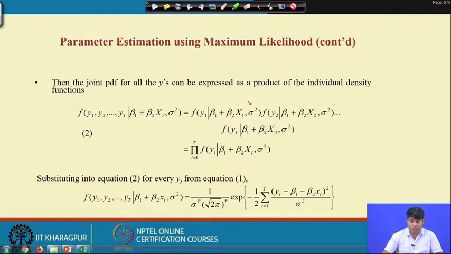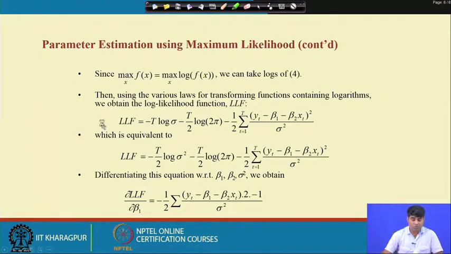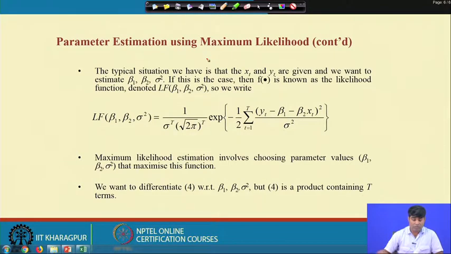So, now again taking the clue from this equation, we can proceed further, and the whole transformation will be the likelihood function, with respect to beta 1, beta 2 and the standard deviation sigma square.